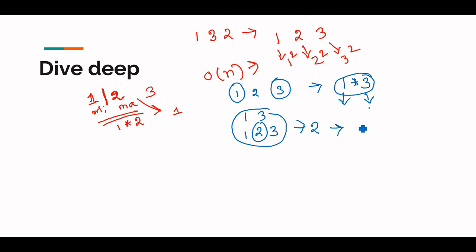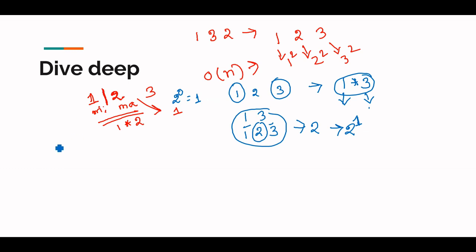So basically between those two numbers there is one number, so it's 2 to the power 1. Why 2 to the power 1? Because it has two options: it can either stay or not stay. Two options, one number. Here there were zero numbers, so 2 to the power 0 was coming as 1.